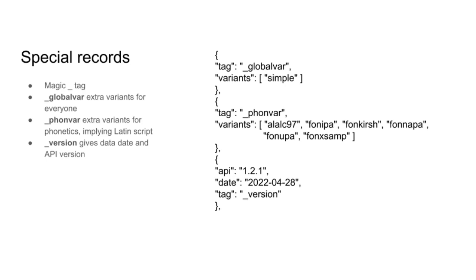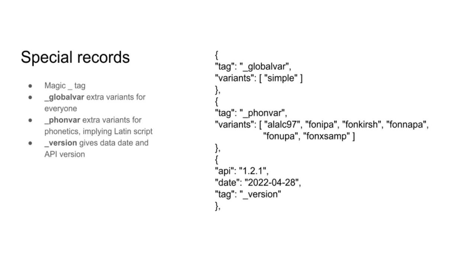And this says that if the script of the orthography is Latin, then you can just bolt in FON-IPA there. And if it's not, then you can create a Latin script one using FON-IPA as well. So again, this enables you to unpack and create. So using this information and appropriate code, you can generate basically every possible tag that is known about.